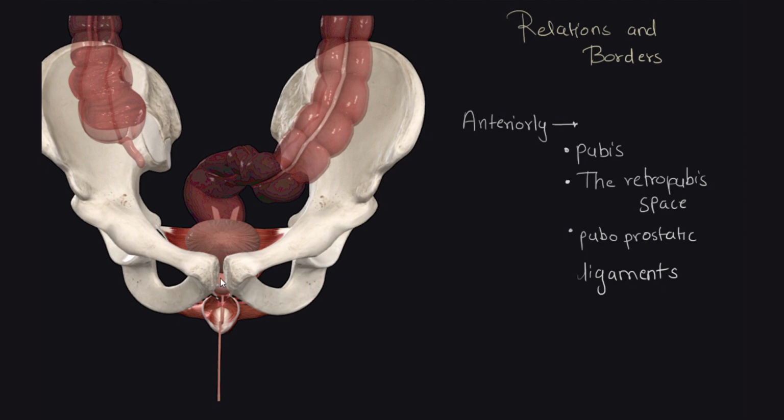It's not really easy to see the prostate gland, but the one right here, in between, is the prostate gland. Those two little ligaments right here are known as the puboprostatic ligaments. And the retropubic space is, for example, this is the prostate and this is the bone, and the empty space in between them is known as the retropubic space.